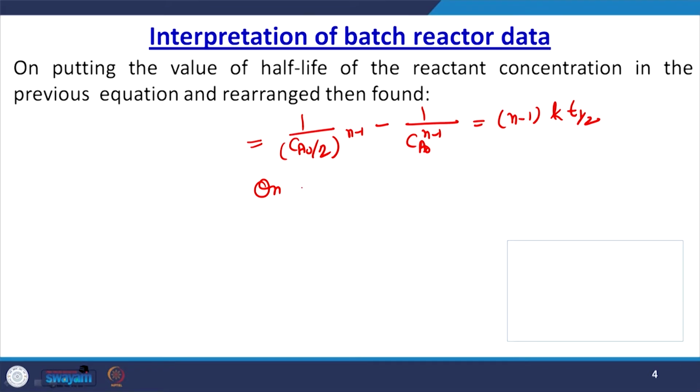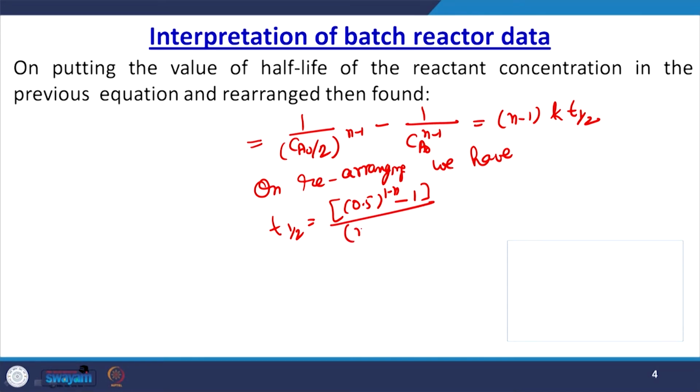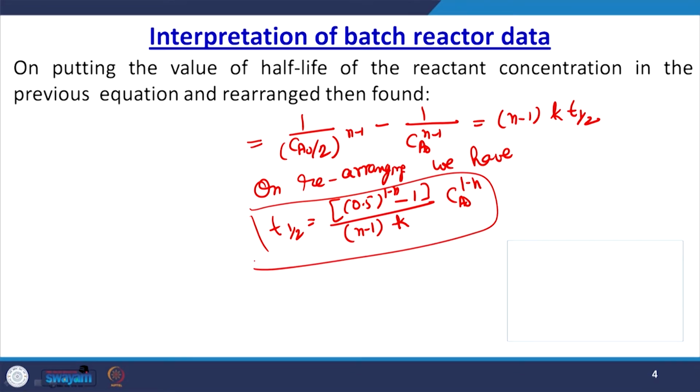If we go for the rearrangement, T half is equal to (0.5) to the power 1 minus n, minus 1, upon (n minus 1) k Ca naught to the power 1 minus n. So, this is my general equation for predicting the half-life pattern of this data.